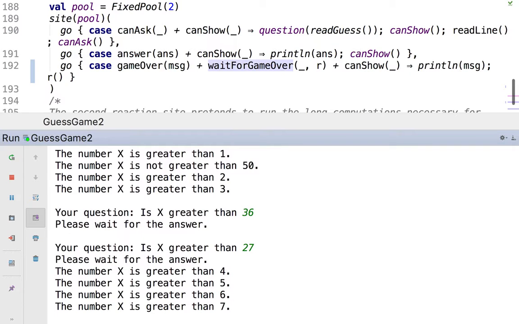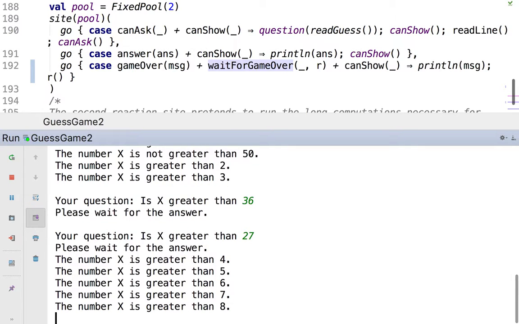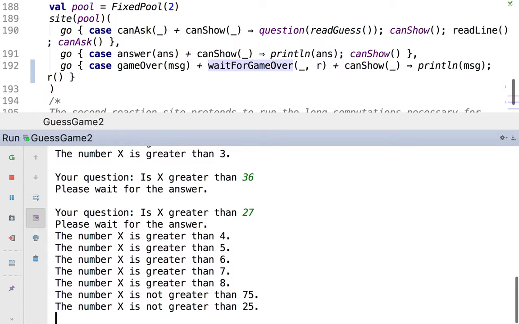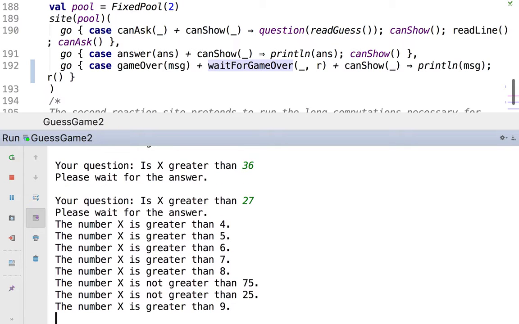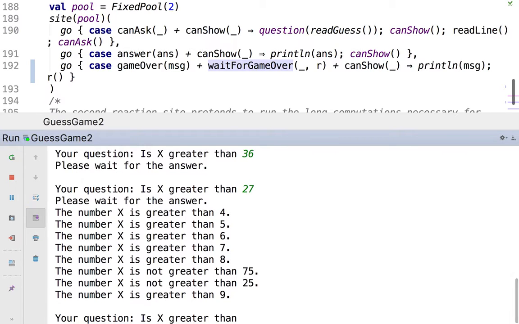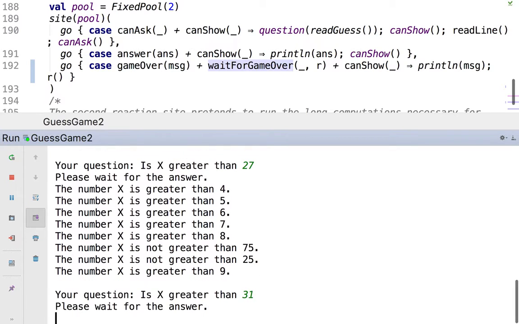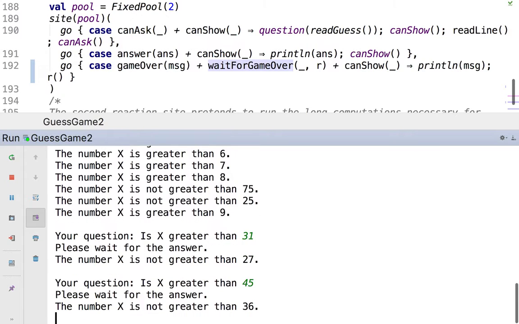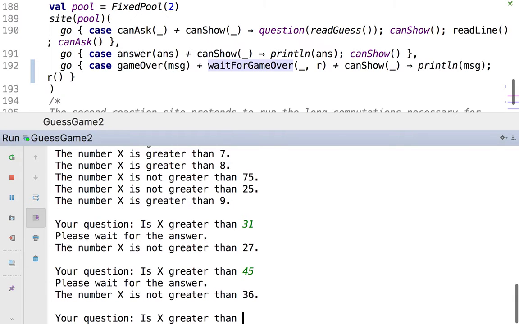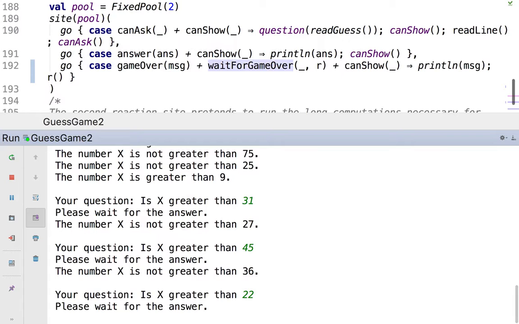See, I don't get a lot of answers about 36 right now because I only have 4 cores. All right, so I'm above 25. Let me try 31. Let me try 45. Oh, I'm below 27 actually. Let me try 22.